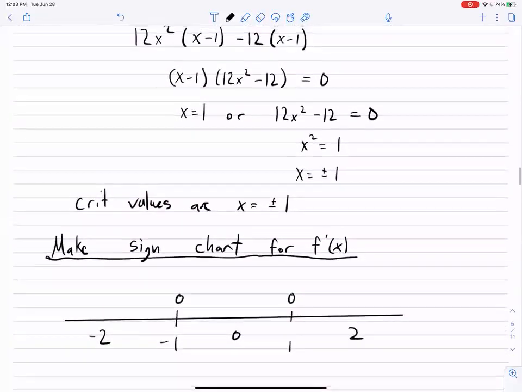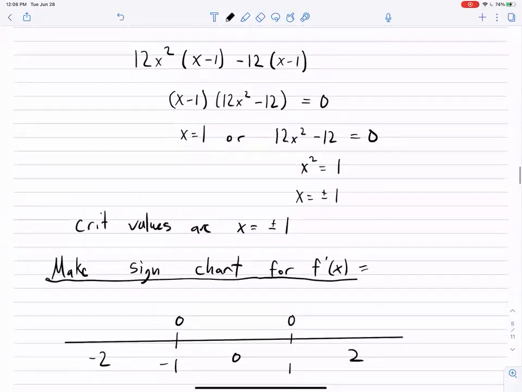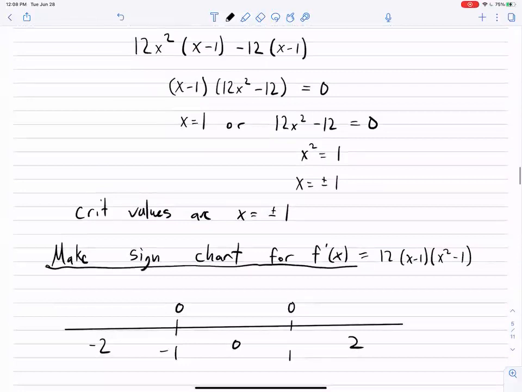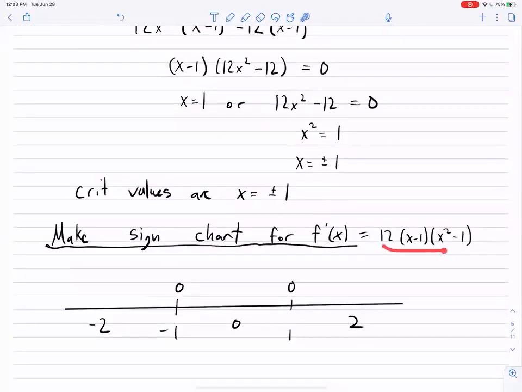So let me record what f prime of x is. f prime of x is, and I'm going to pull out the 12, 12 times x minus 1 times x squared minus 1. So that's what the derivative is, and we can plug values into this.